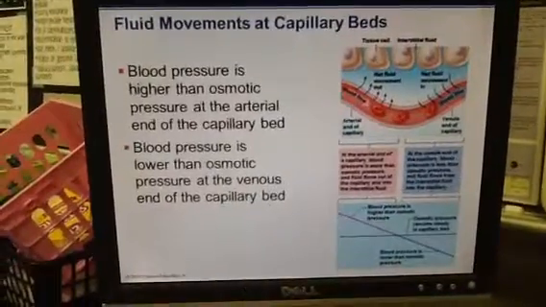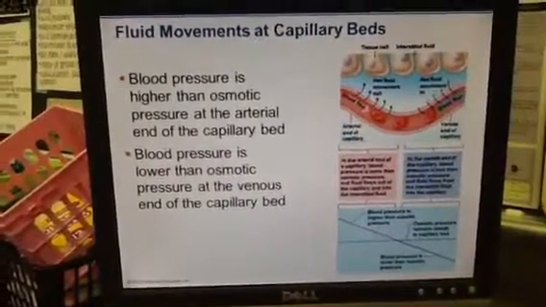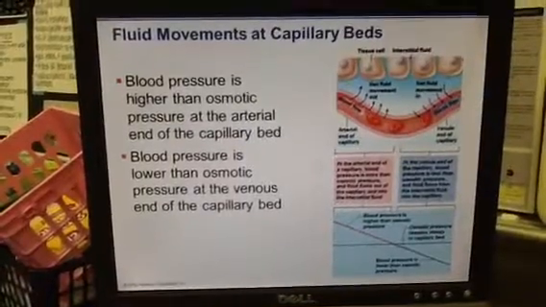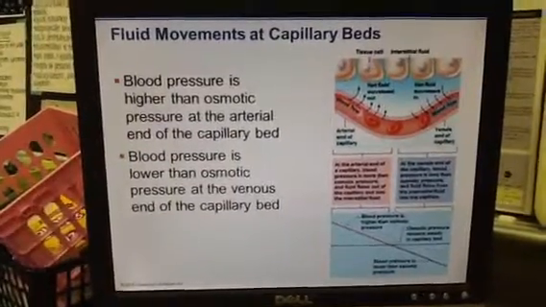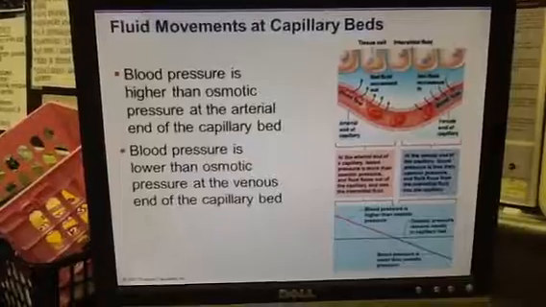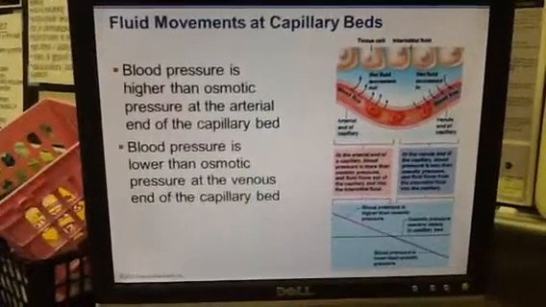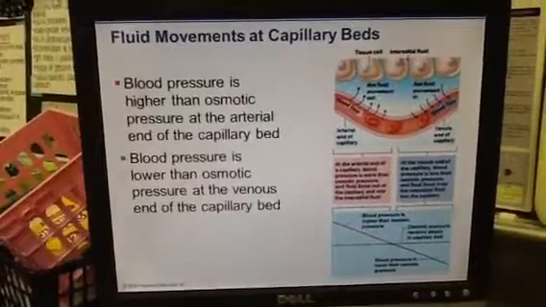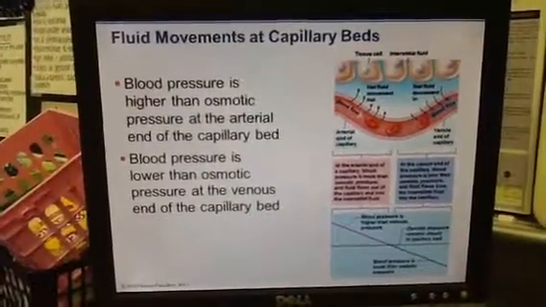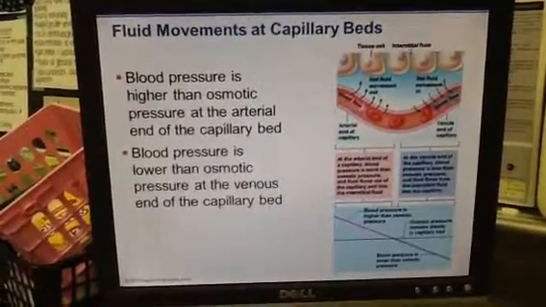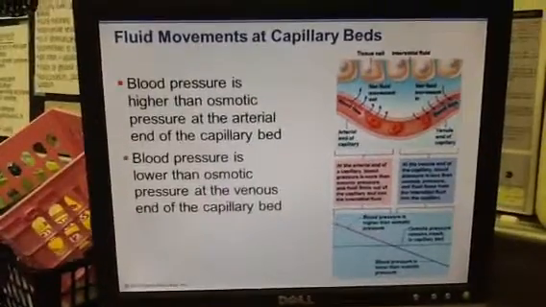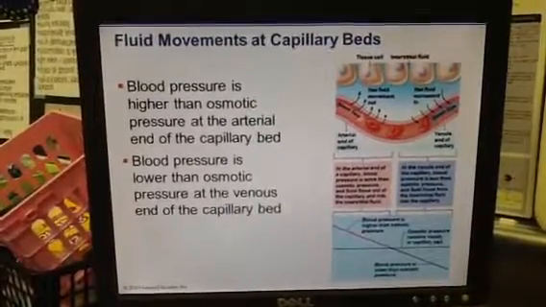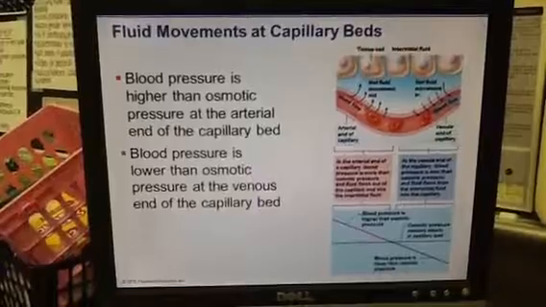So we're going to have to take that blood back to the heart, and we know the veins have those valves in them, so very, very low pressure. So this makes sense of everything we've been talking about with the aorta having the highest amount of pressure, and we just go down in pressure from there. So that fluid is going to move out of that capillary bed at first, and then it's going to be reclaimed at the venous end.